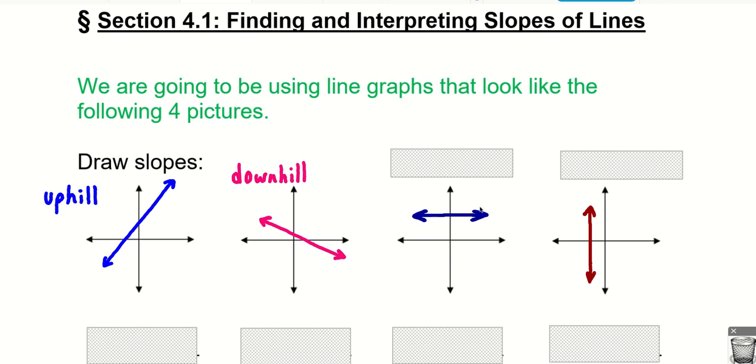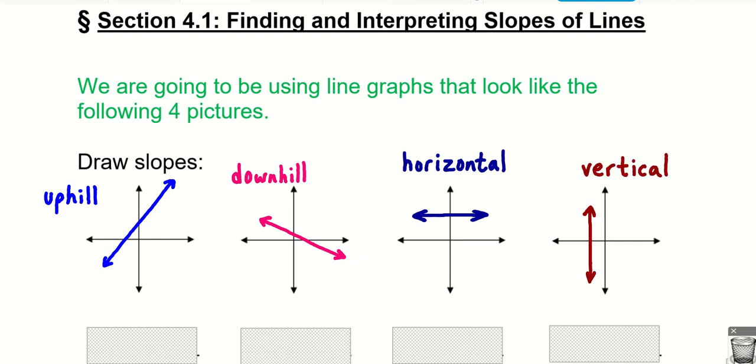And then think to yourself a second, what kind of line are we going to call this right here? Horizontal is the third different kind of picture of line graph. And then what do you think the last one is? Vertical. Okay? Now, in a way, this is putting the cart before the horse a little bit, revealing these 4 pictures right out of the gate, but maybe not so much.